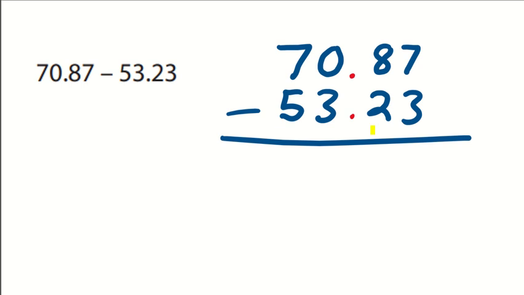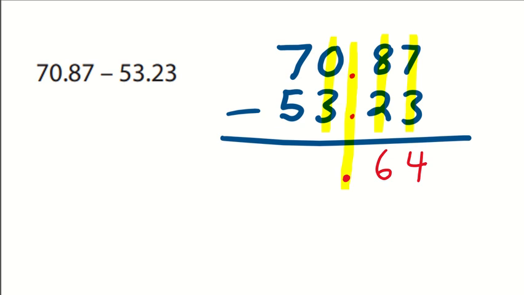Now, we've lined up our decimals vertically. Very important to do that with addition and subtraction, because then you can just subtract like normal. What is 7 subtract 3? 4. And then what is 8 subtract 2? 6. And then when you get to the decimal, you just drop it straight down right there and move on to the next column.